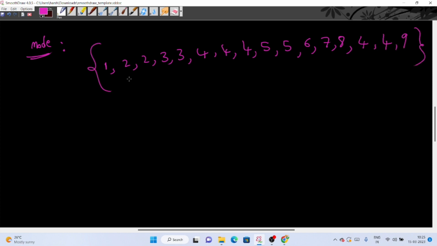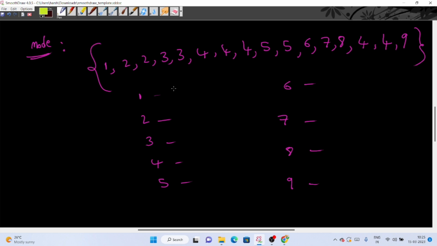If anyone gives you this kind of data and tells you to find the mode, what we have to do is count how many times each number is present in this data set. First of all, let us write the numbers available to us: 1, 2, 3, 4, 5, 6, 7, 8, and then 9. Now let us find the total count of these numbers in the data set.